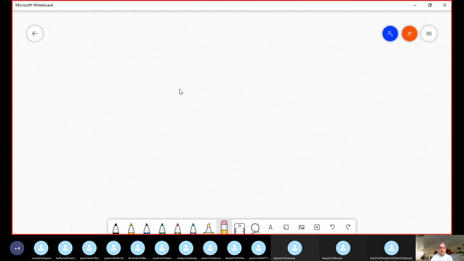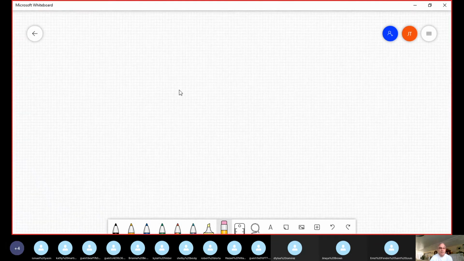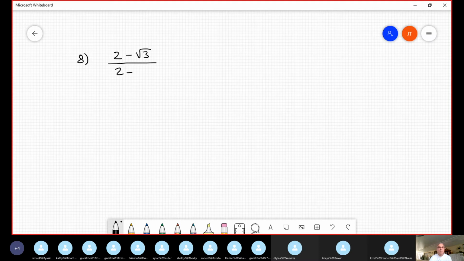Number 8 says, 2 minus radical 3 divided by 2 plus radical 3. It's the same action, rationalize the denominator. So you multiply by the conjugate, which is 2 minus radical 3.